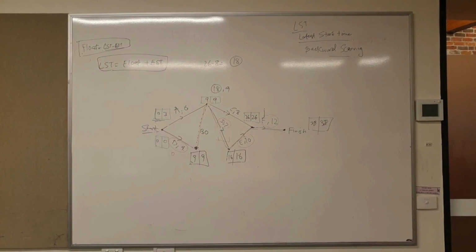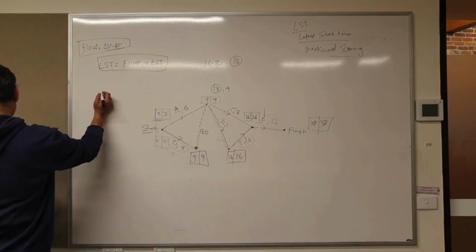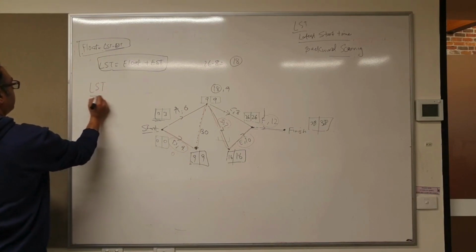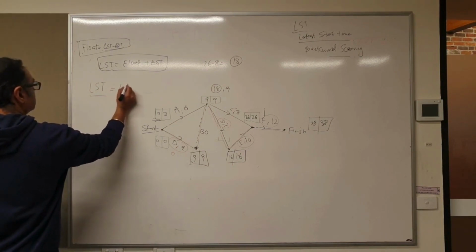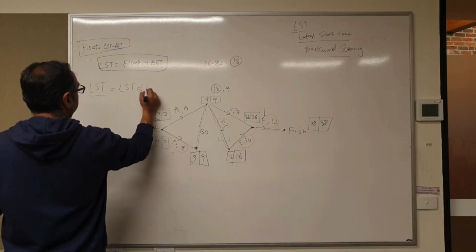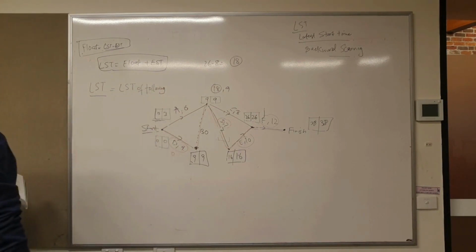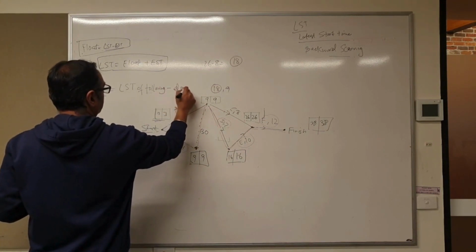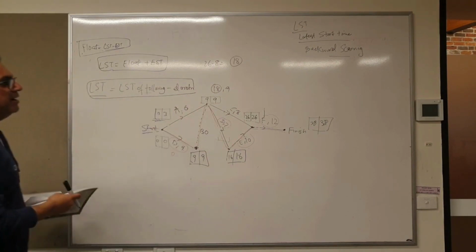So the few important formulas are: your LST equals the LST of the following activity minus the duration of the activity. See, how are you finding LST?